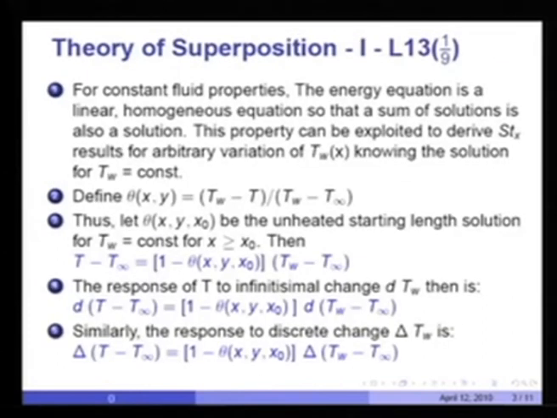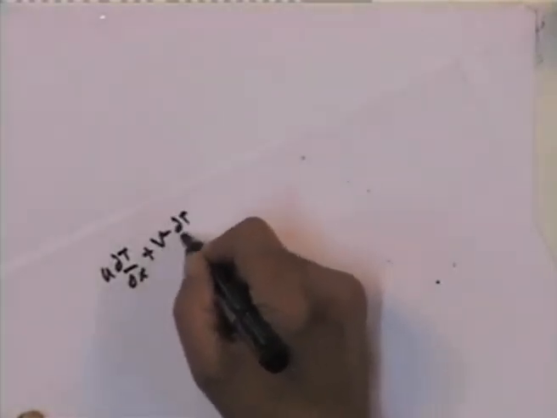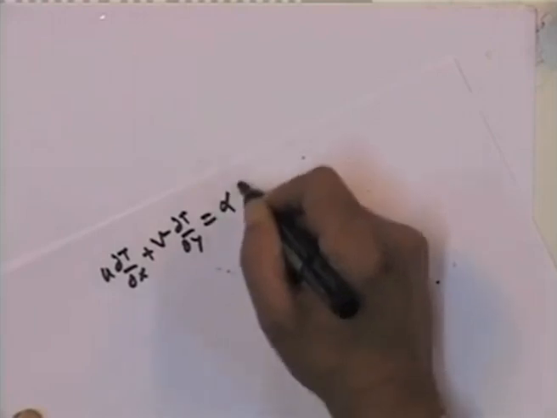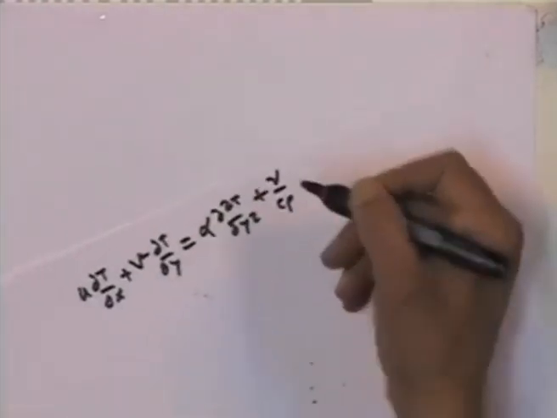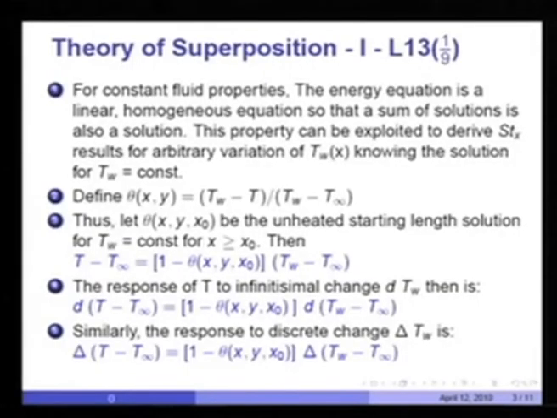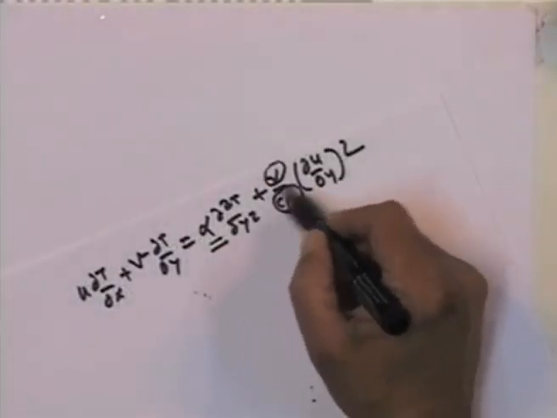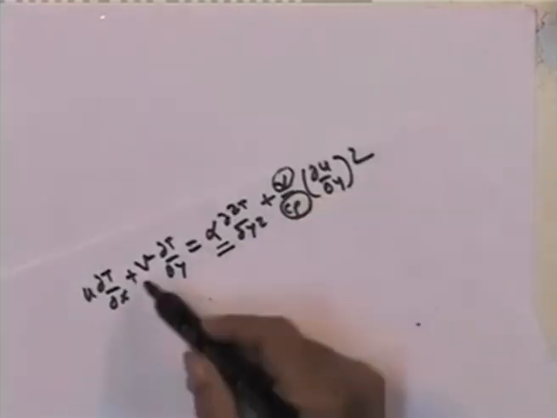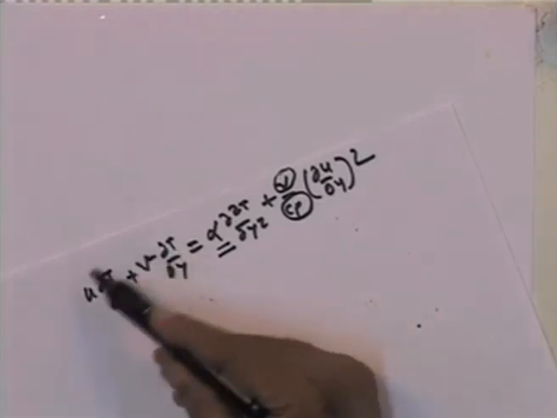For constant fluid properties, you will recall our energy equation is actually u dT by dx plus v dT by dy equal to alpha d2T by dy square plus nu by Cp du by dy whole square. If the fluid properties, alpha, nu and Cp, are constants, then the temperature solution is independent of the velocity solution.